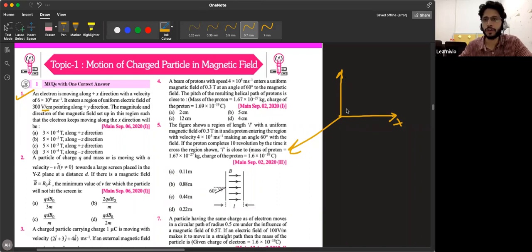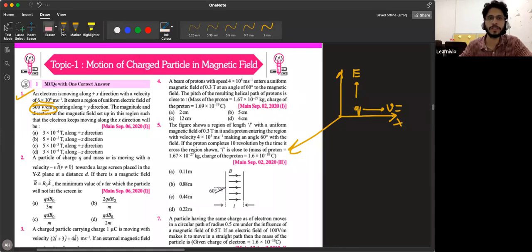Very good. So you have a charged particle Q. The question says it's moving with some constant velocity V. Electric field is along the y-axis, and the value of the electric field is this. He's asking about the magnitude and direction of the magnetic field. It's not a positively charged particle, it's a negatively charged particle.